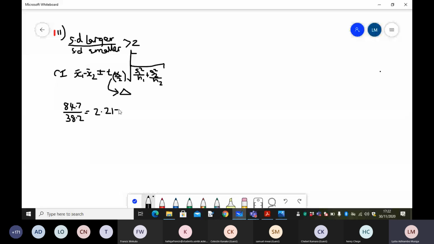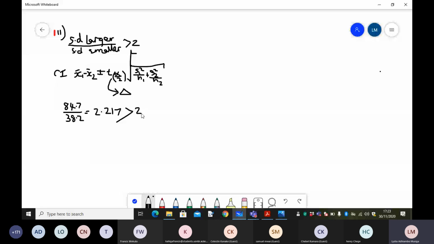Obviously 2.217 is greater than 2. Since it is greater than 2, the population variances should not be assumed to be equal.